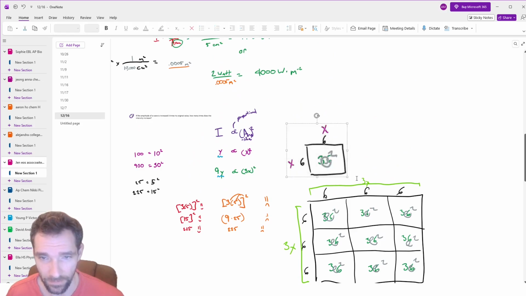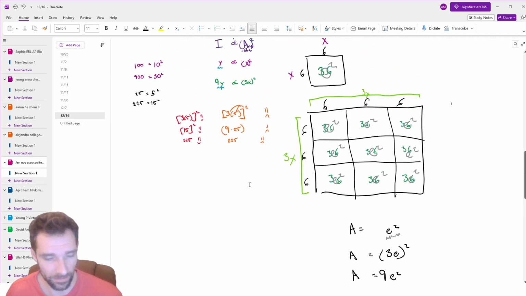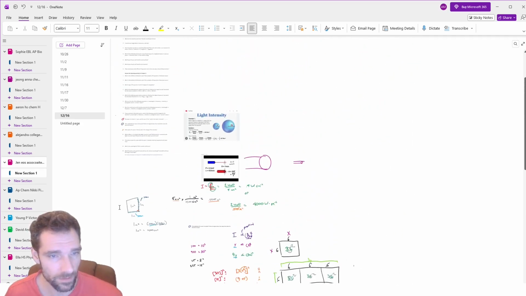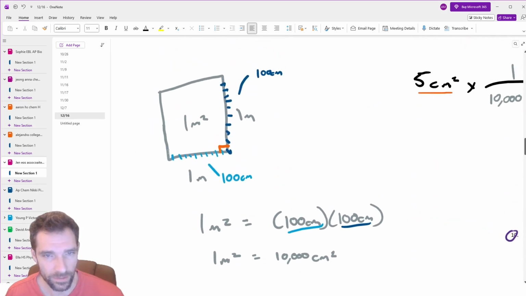This is the same reason that when you have meters being squared, you can't just work with the linear relationship of centimeters to meters. You have to square those base ratios of the linear things. In 1 meter, there are 100 centimeters.